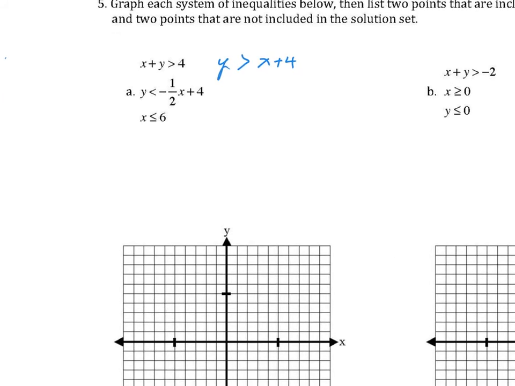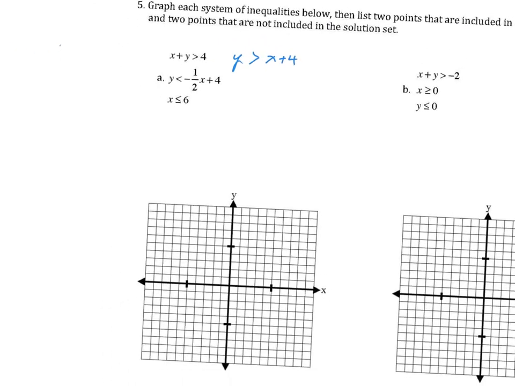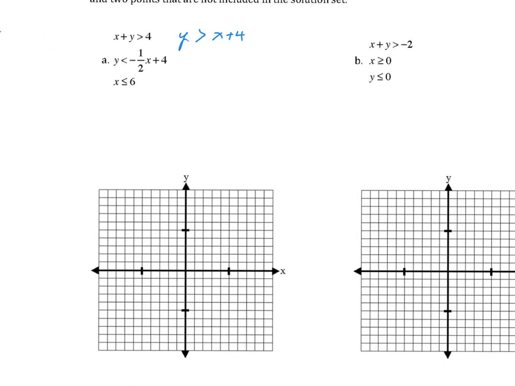Oh, we have to do oral exercises today. Right. Okay, so let's graph the first one. It's y-intercept of 4, slope of 1, and it's a dotted line, right? Rise over run is just 1.